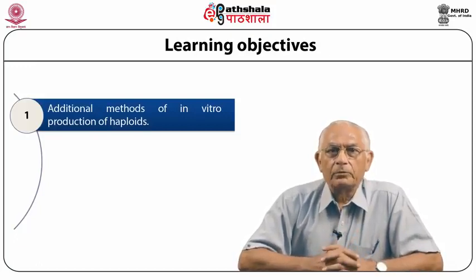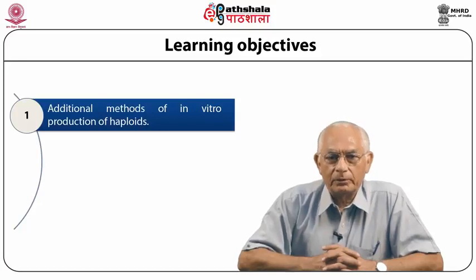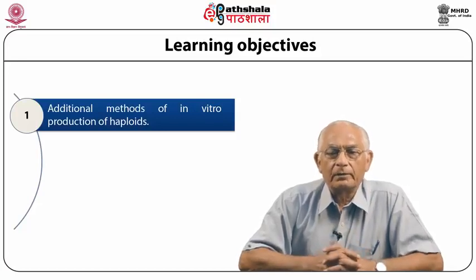These are gynogenesis, where you trigger the cell of the female gametophyte to form sporophytic plants, or the technique of distant hybridization followed by embryo culture. We'll talk about the advantages and disadvantages of these techniques.